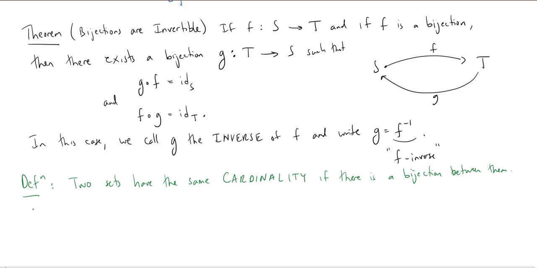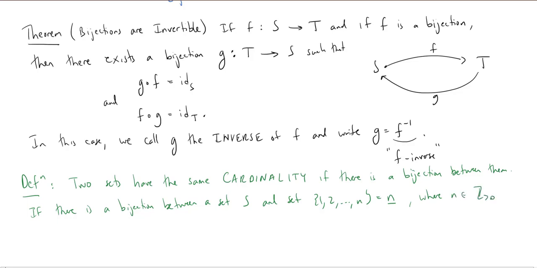Now, if there is a bijection between a set, let's call it S now, and the set of positive integers between 1 and n, which I'll often abbreviate by writing n underlined, where n is some positive integer, then we say that S is a finite set.